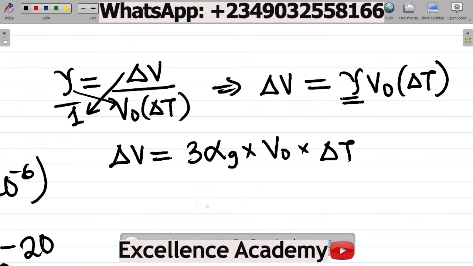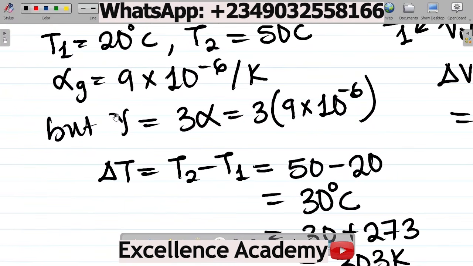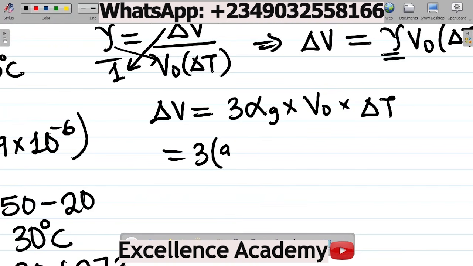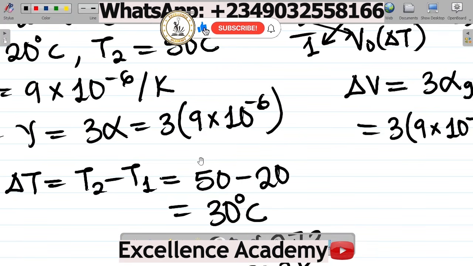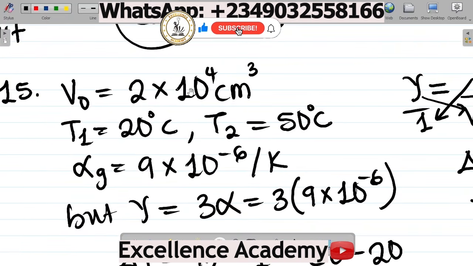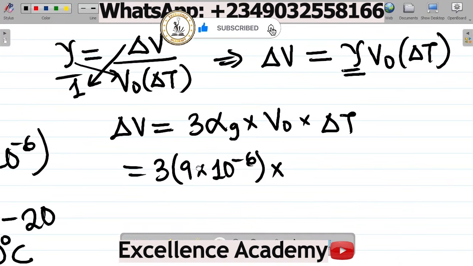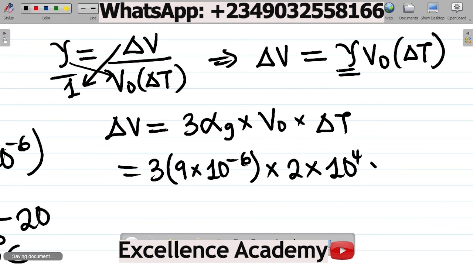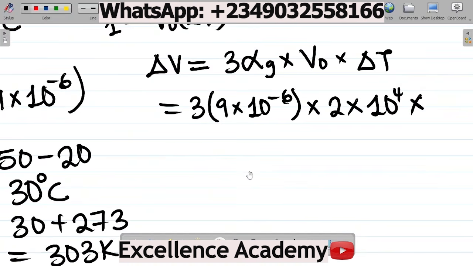Let's impute values. This is equal to 3 times the linear expansivity of glass, which we have as 9 times 10 to the power minus 6, times V naught, the initial volume, which is 2 times 10 to the power 4, times the change in temperature, which is 303 Kelvin.